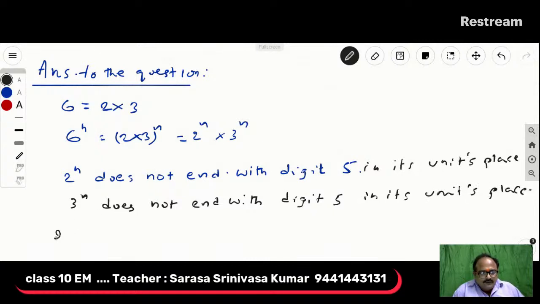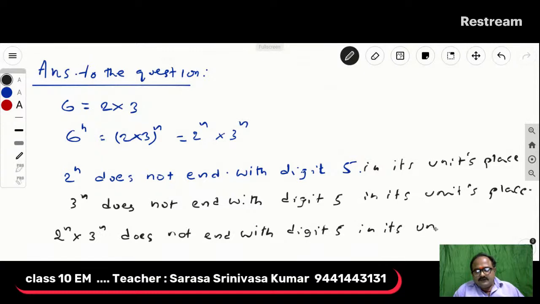So 2 to the power of n multiplied by 3 to the power of n does not end with digit 5 in its units place.